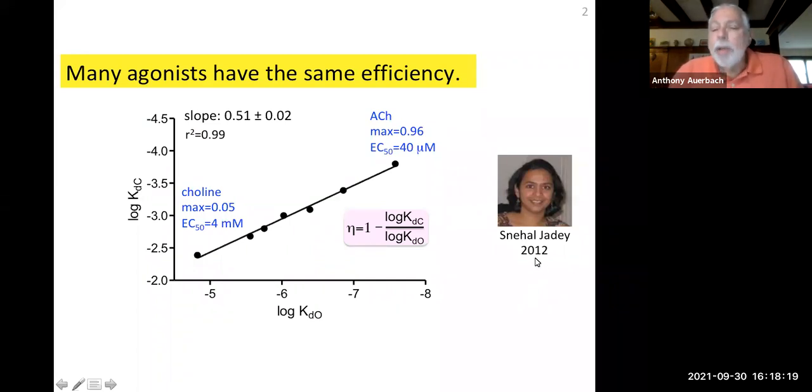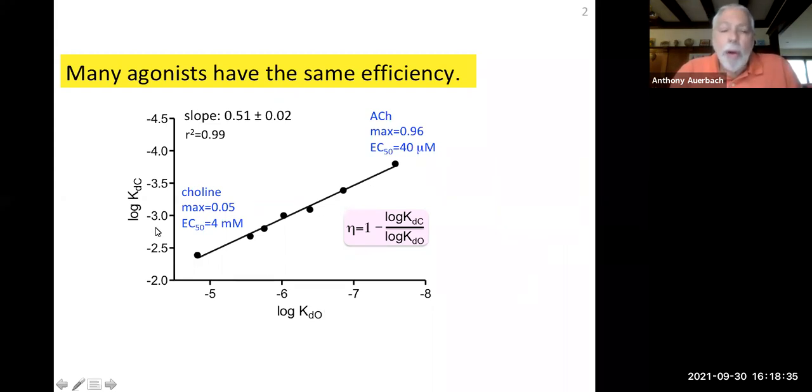Snehal JD in 2012 measured KDC and calculated KDO for 7 different agonists from dose response curves, and found this remarkable relationship that for all of these agonists, binding energy approximately doubled when the protein spontaneously moved from C to O. So a protein in C had half the binding energy of the protein in O. So the slope of this line is log KDC divided by log KDO, which is efficiency. So all of these agonists have the same efficiency.